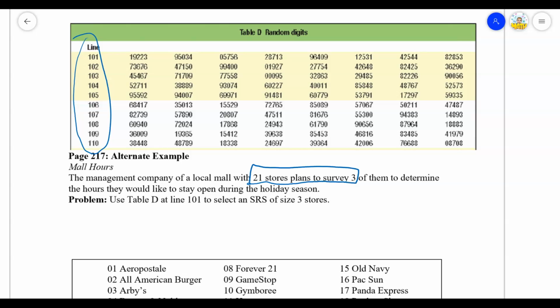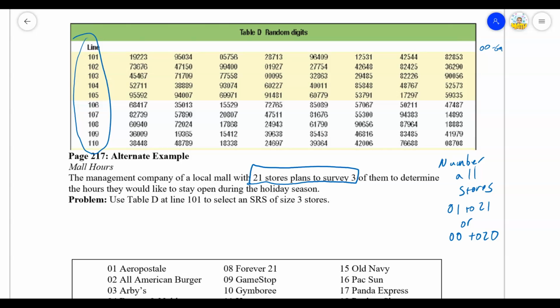So my stores, the very first thing I have to do is number the stores. And how should I do this given this random numbers table? The way I would do that is I would number them 0, 1, or 0, 0. Either one of these would be fine. So I have my stores, and if one of the stores is the Gap, it's going to get the number 00.